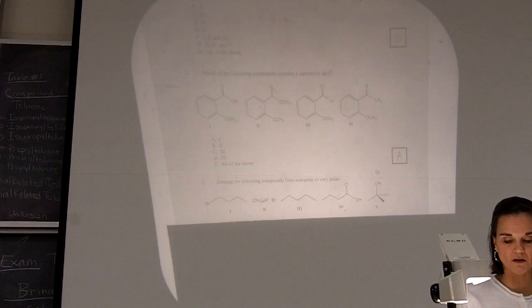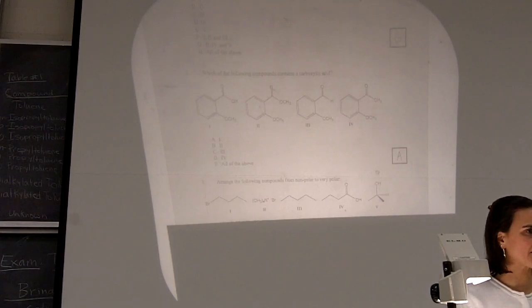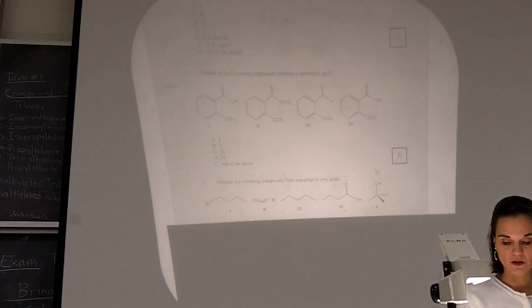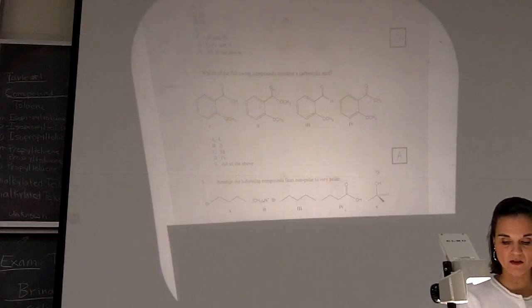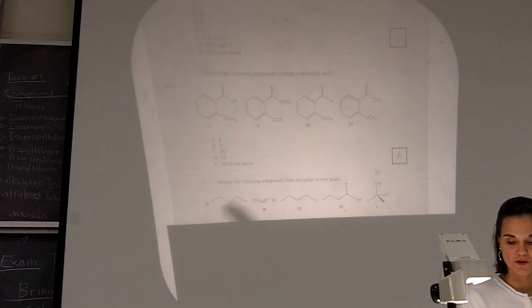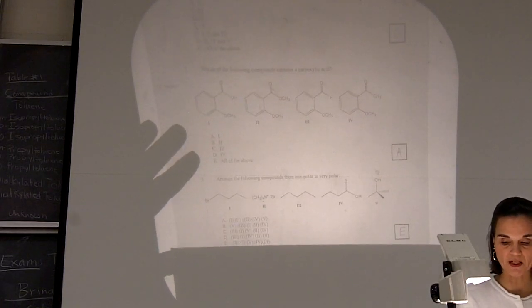So what would be our least polar compound? 3. Then what would be next? 1. Then what would be next? 5, right? With the OH group there versus the acid. Then what? Then 4, and then what? 2, because it has the charge. So that should be letter E.